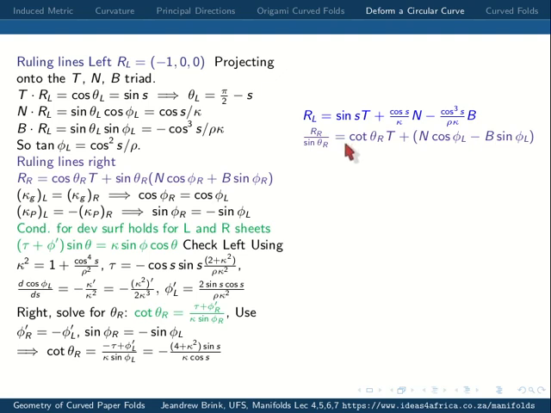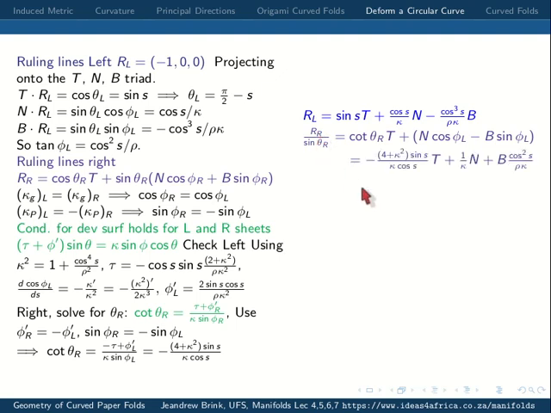And look, all I've done is divide that general expression by sine theta. So it's exactly the same. The reason I've done that was it was very easy to get cot theta r in terms of s. And I have these other two also in terms of s. And what I can do now is work out the direction correctly and then work out its norm afterwards and divide by that to get the unit vector, because I know my RR is a unit vector.